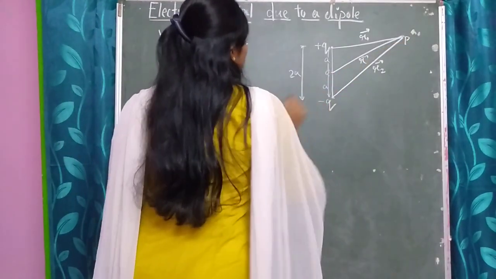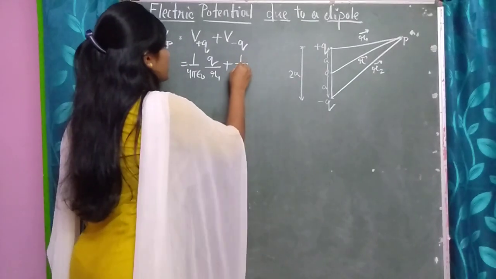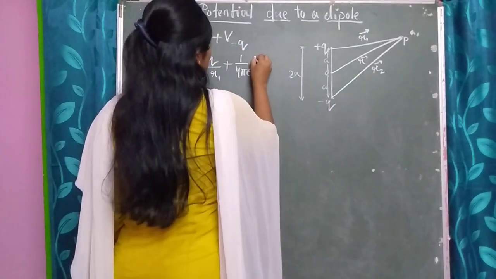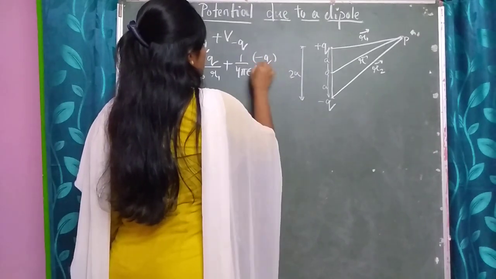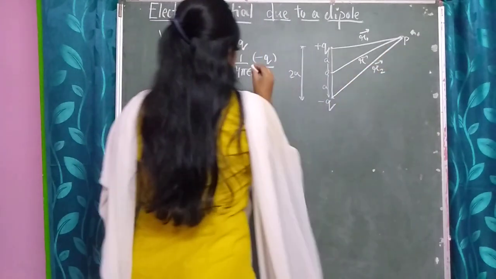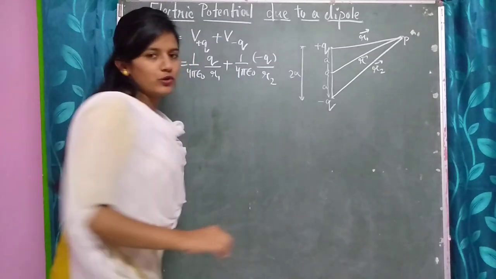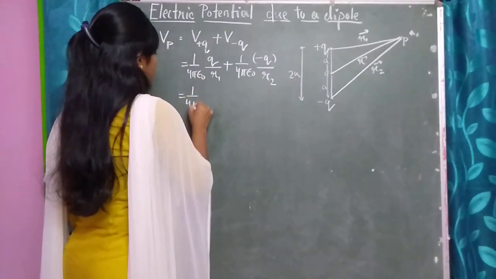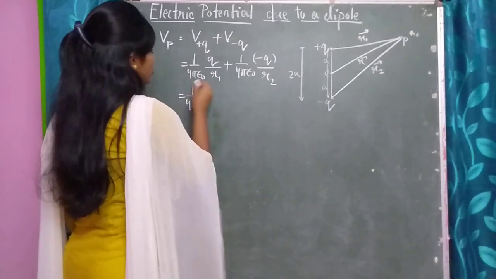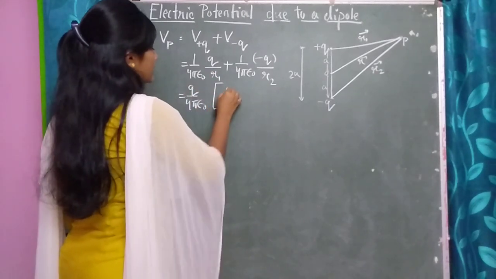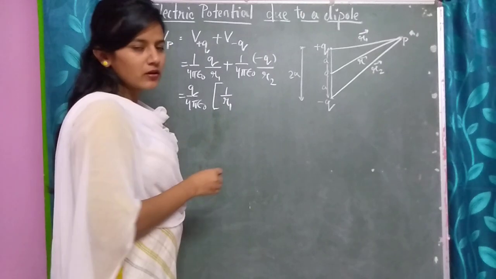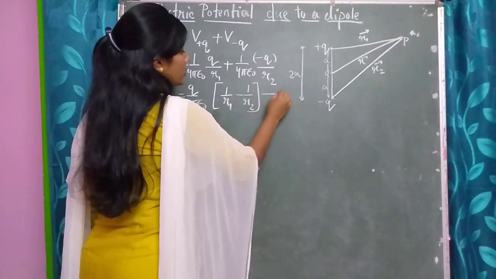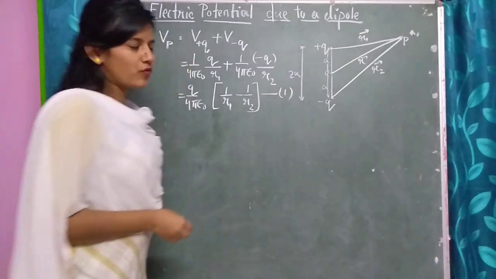Then V at P due to minus q will again be 1 by 4 pi epsilon naught, in place of q I will write minus q by, the distance is R2. So 1 by 4 pi epsilon naught, q will be common, and I can write 1 by R1 minus 1 by R2. So let it be equation 1.